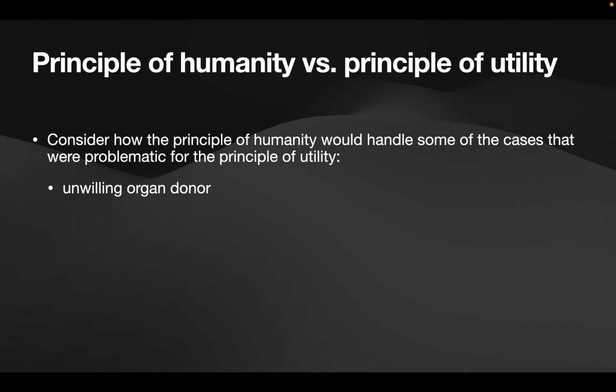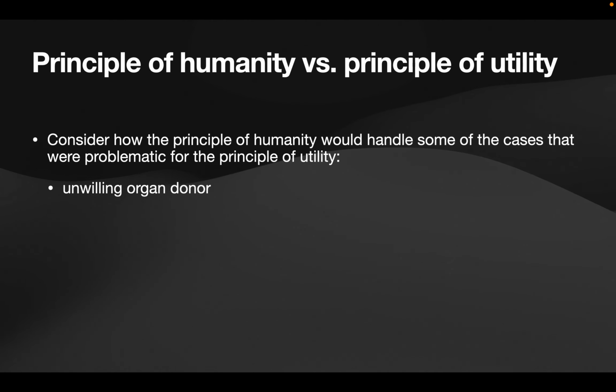So for the utilitarian, this is a huge problem because killing a person in this way seems a huge violation of that person's rights, of their fundamental right to life. Even if killing them brings about a greater good, it feels like there's something really deeply wrong in this case.